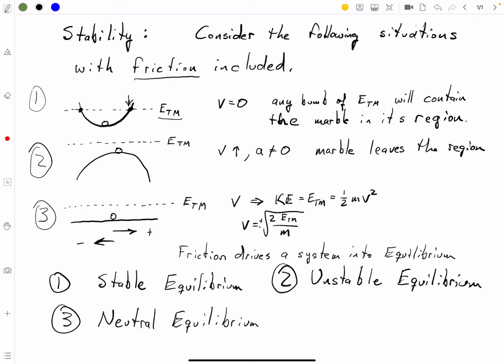So we have a system of a ball in a bowl, or a ball on top of a bowl, or as in 2, rolling over that backside of a bowl, or in 3 on a flat surface. That's our system, and friction is going to want to slow those things down. Of course, in 2, friction has no choice, no help.